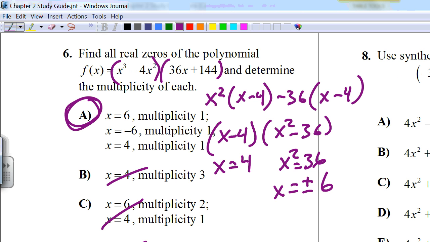We bring down the 4. Times negative 3 is negative 12. I add, and I have 18. Negative 3 times 18 is 54, I think. Let's see. It's 54. Yay!